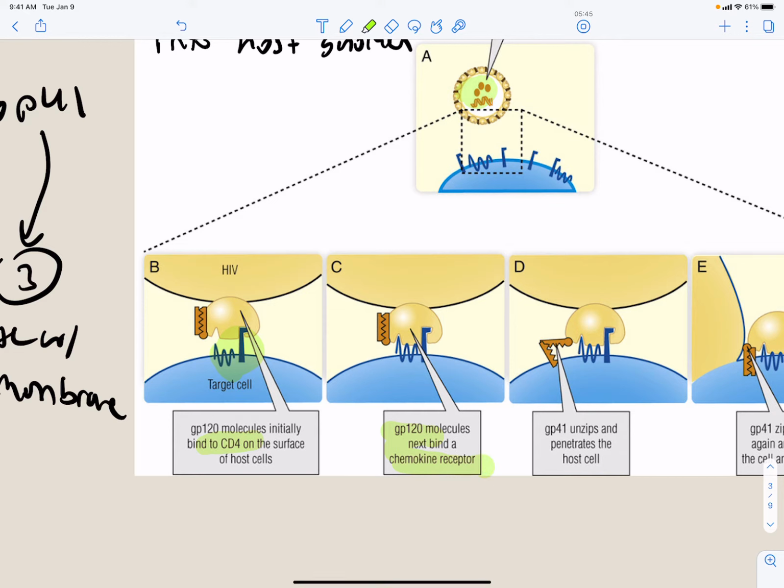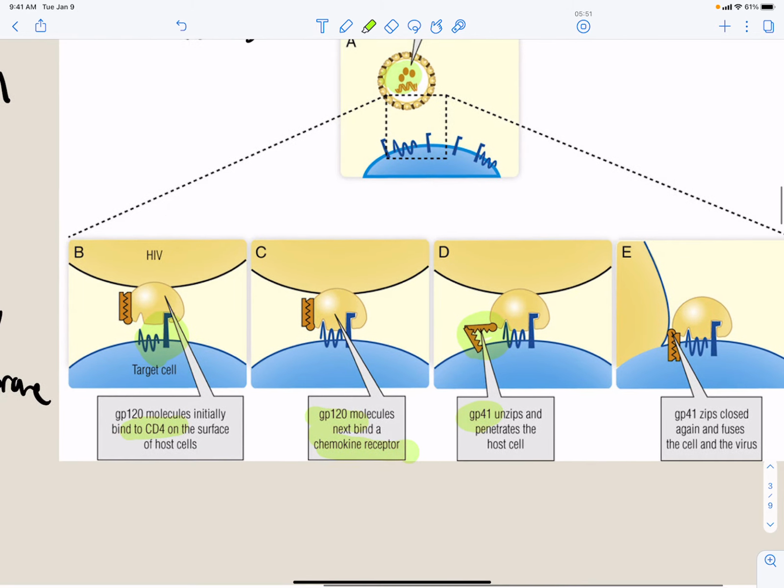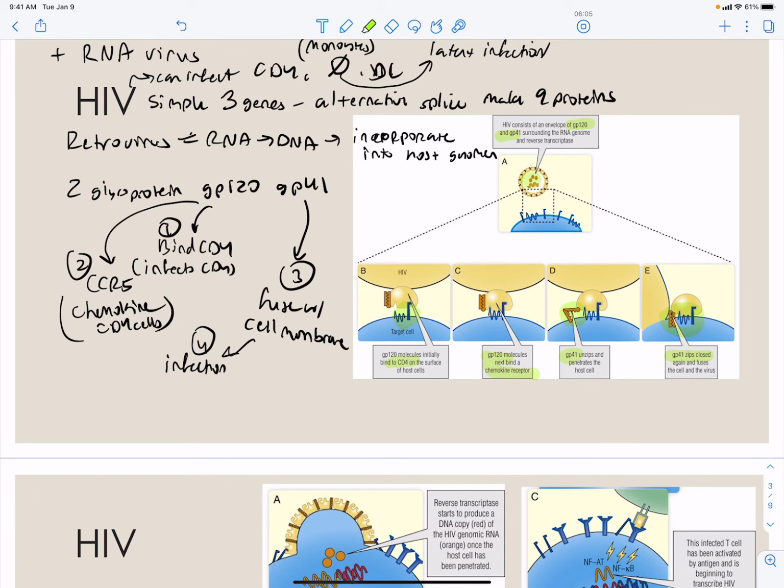This is going to be called CCR5. You then get binding of GP41, and GP41 is going to expose an area that's able to incorporate into the membrane. This is called the unzipping. And then it's going to zip closed and fuse with the membrane and release the genome into the cell that it's trying to infect.